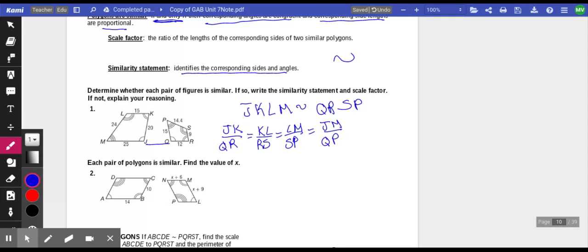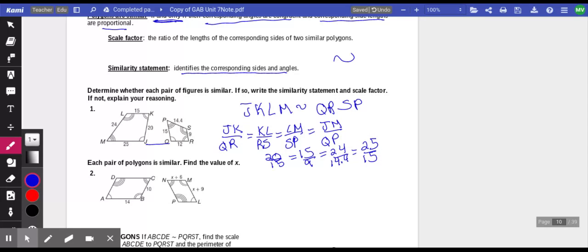So I'm going to fill in my numbers. So 20 over 15, and then we have 15 over 9, and then we have 24 over 14.4, and last but not least, 25 over 15.